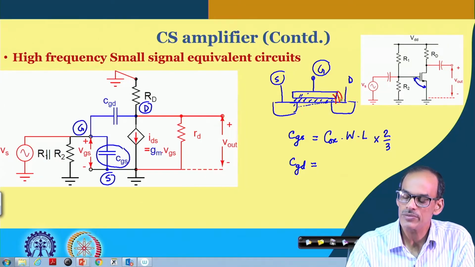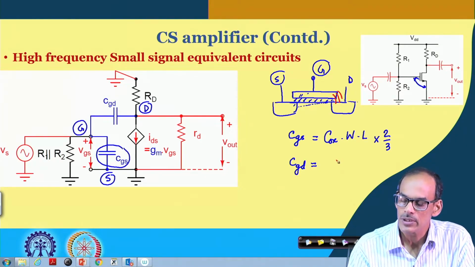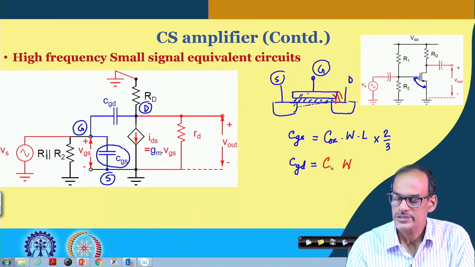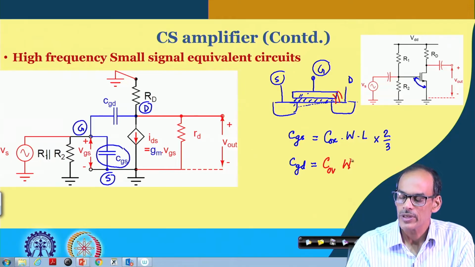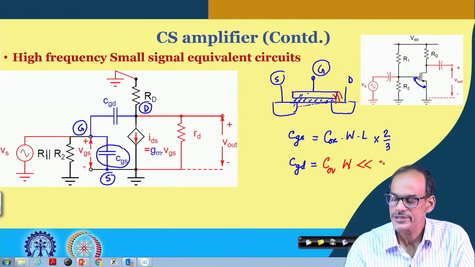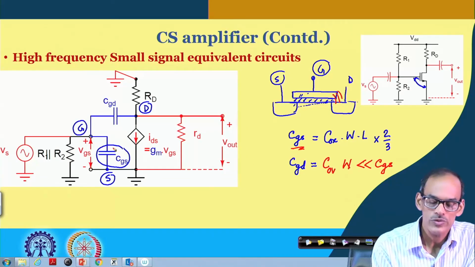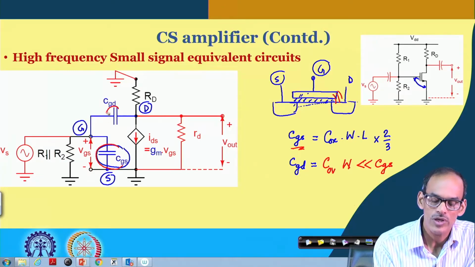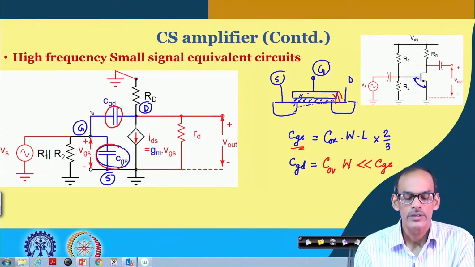So, there may be some fringe or overlap capacitance, and that capacitance is proportional to W. So, this is another parameter called C overlap multiplied by W, and typically this is much smaller than CGS. So, magnitude wise, CGS individually dominates over this CGD.